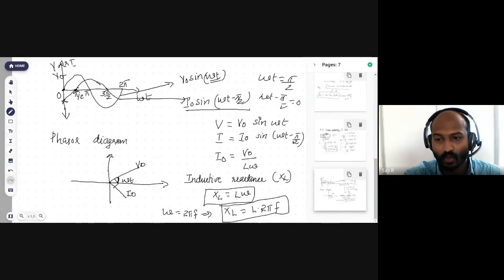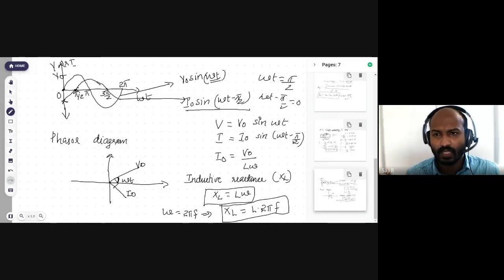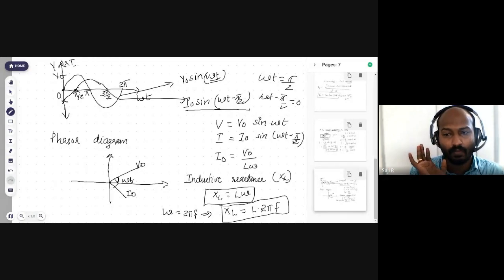But in an AC circuit, instead of resistance, normally we will use the inductor. Can you say why? If we use resistance also, we can get the same effect, since it will also oppose the current. But in an AC circuit, we use this coil for opposing the current.